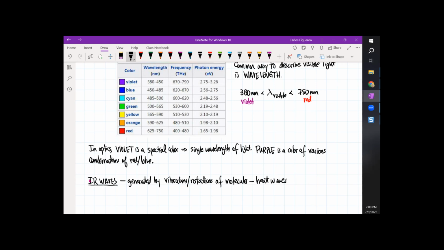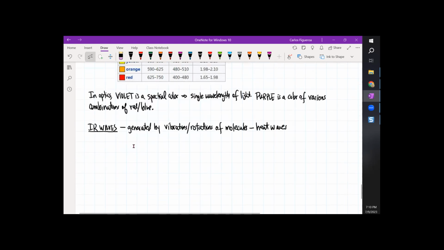Remember, all of these refer to electron jumps in the structure. Sometimes you'll hear people call it thermal radiation. Any object that has a temperature radiates infrared waves.